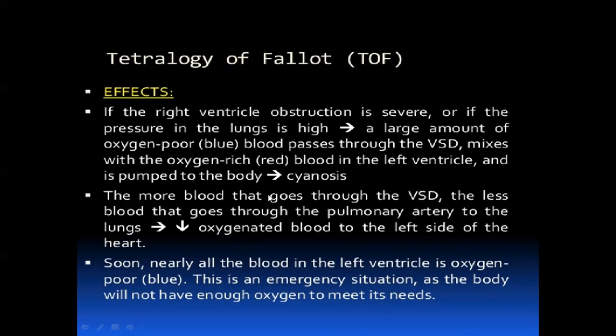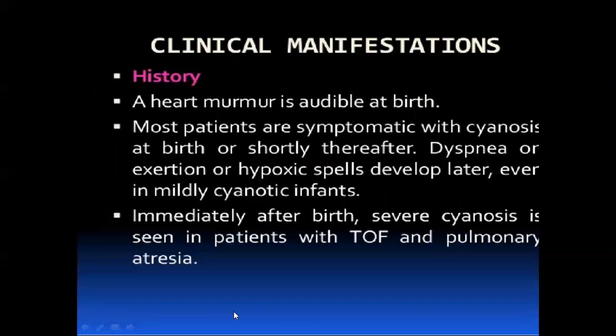The more blood that goes through the VSD, the less blood goes through the pulmonary artery to the lungs. So there is decreased oxygenated blood to the left side of the heart. So nearly all the blood in the left ventricle is oxygen-poor. This is an emergency situation as the body will not have enough oxygen to meet its needs.